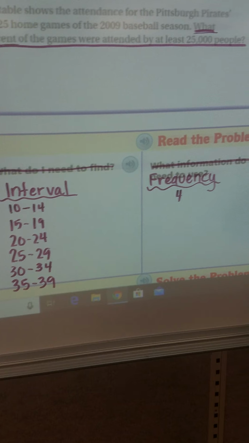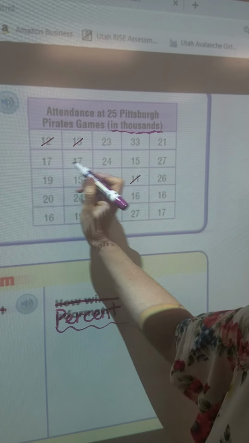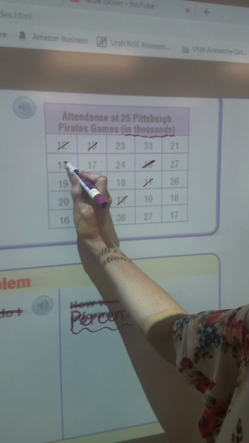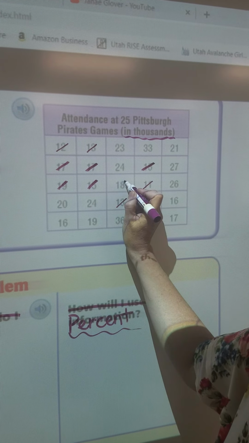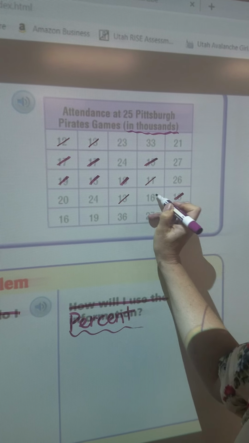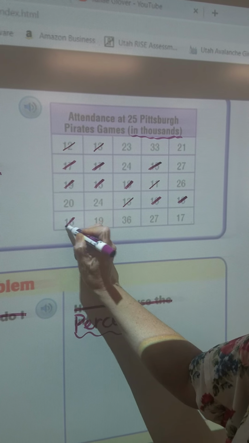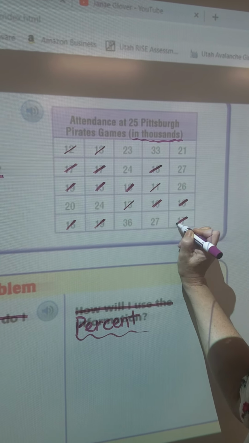Okay, our next interval, 15 to 19, that's 1, 2, 3, 4, 5, 6, 7, 8, 9, 10, 11.